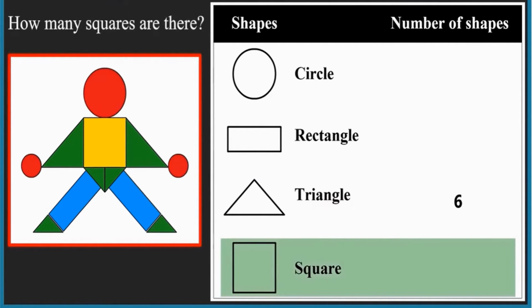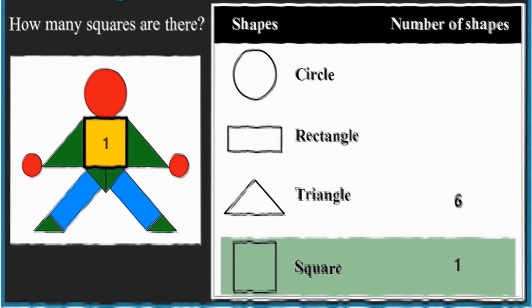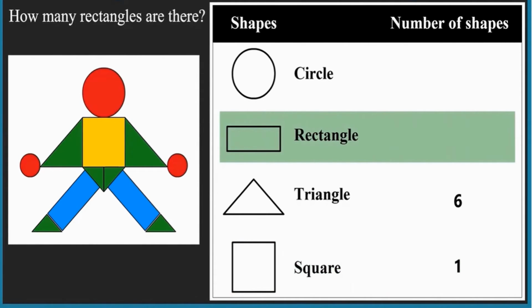Now tell me how many squares are there? There is 1. There is only 1 square in this picture. Now tell me how many rectangles are there?